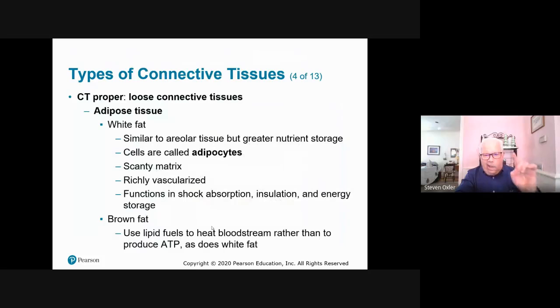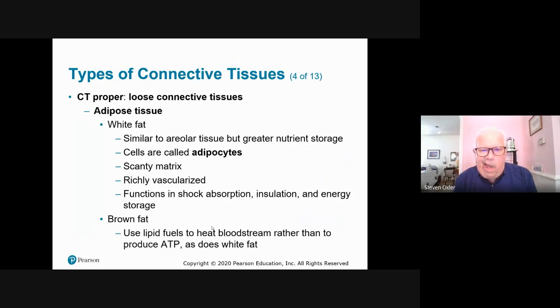Adipose tissue, however, is important. Adipose tissue, very important. There are two types, white and brown. This is fat tissue. The cells are called adipocytes. Why do you have white fat? You have white fat because of shock absorption, insulation, and energy storage.